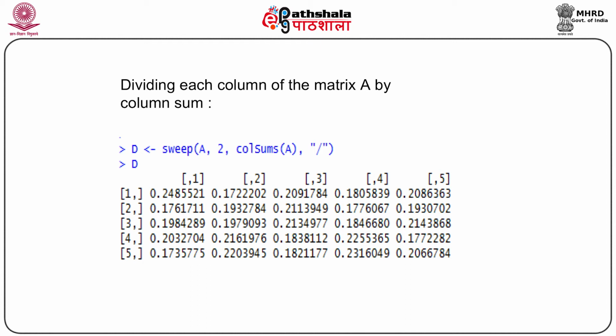Here we are just using column sums instead of column means, and the operator being used is division instead of subtraction. So these are the differences between the two consecutive examples. So finally, we have a column-wise proportion, and the results are stored in D and they are displayed here.